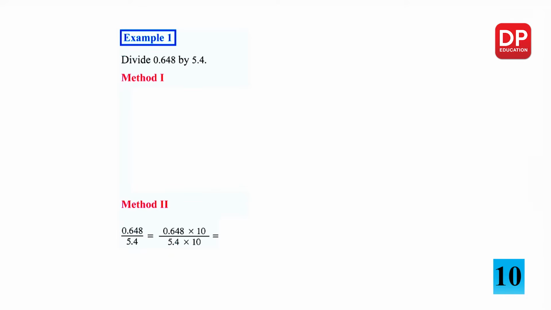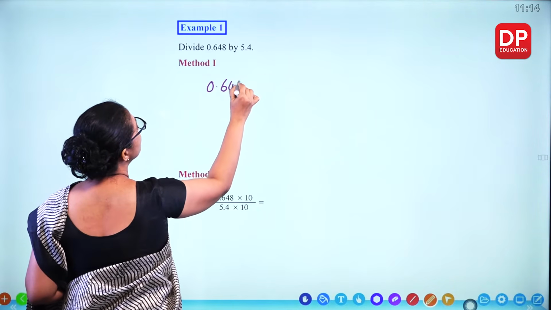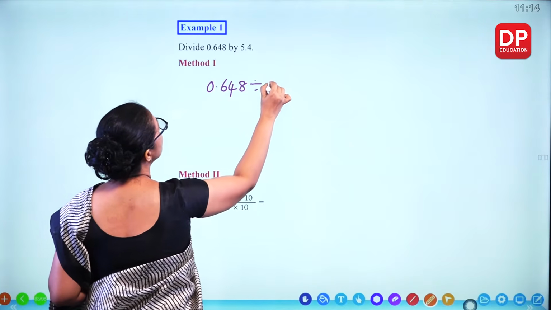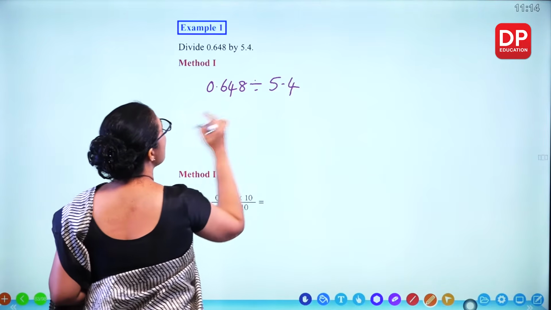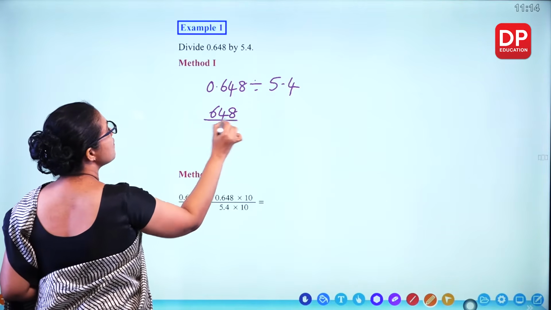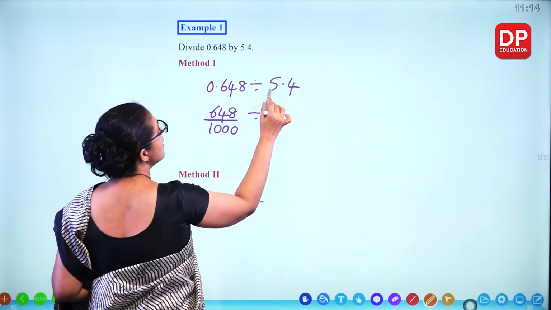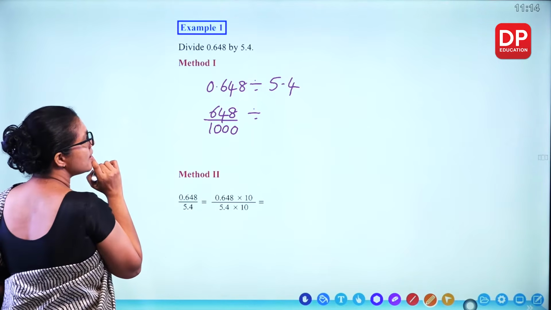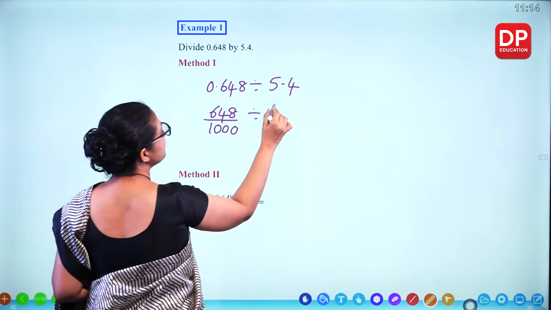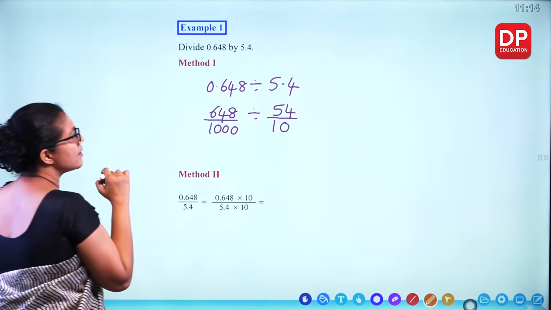Example number 1. Divide 0.648 by 5.4. First fraction method, I can write this one as 648 divided by 1000. And here I can write 5.4 as 54 over 10.